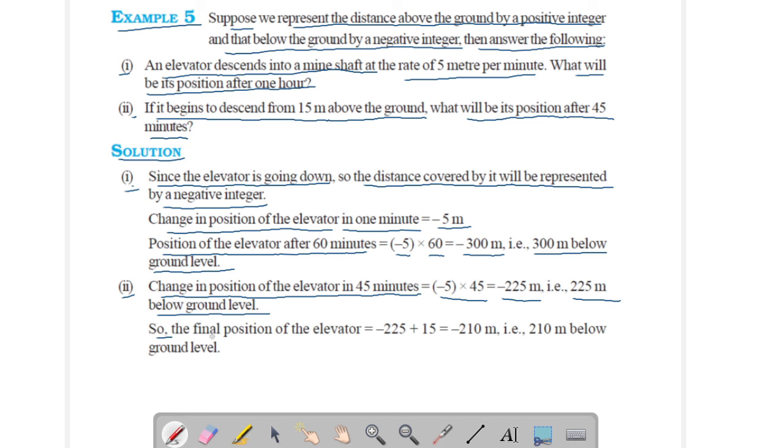So the final position of the elevator equal to minus 225 plus 15 equal to minus 210 meter. So 210 meter below ground level. This is your answer.